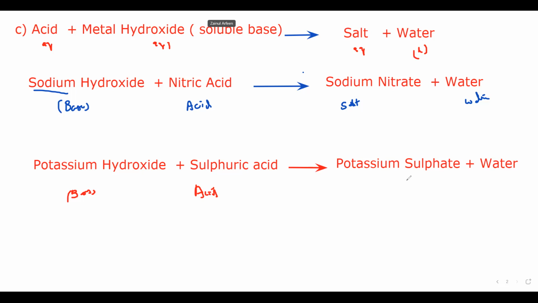And the last characteristic of the acid, when acid reacts with metal carbonate. So acid plus metal carbonate, what will be the product? The product is salt. You have to memorize these four characteristics of the acid, the reaction of acid.